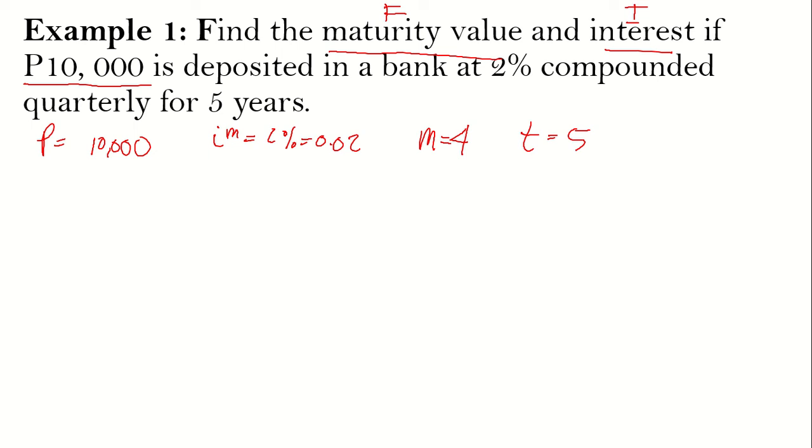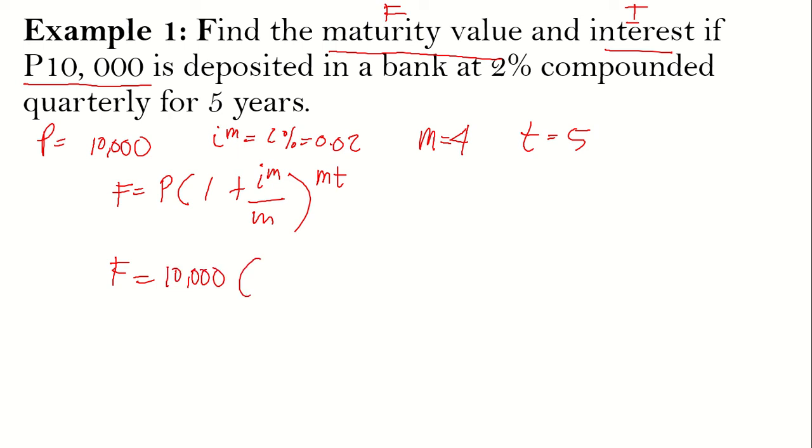Now, the formula is F is equal to P times 1 plus i raised to m over m, raised to m times t. So, since we are looking for the maturity value, we just simply substitute the given P, 10,000, times 1 plus 0.02 over 4, raised to mt, which is 4 times 5.